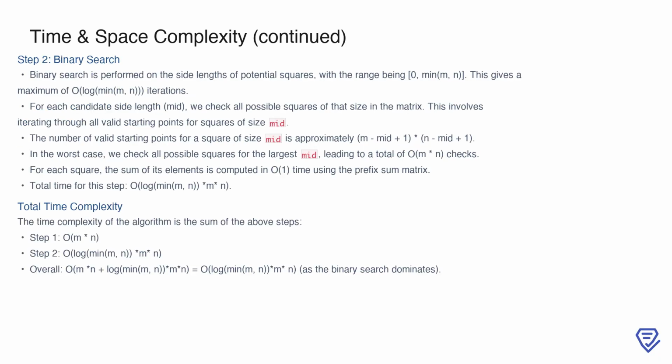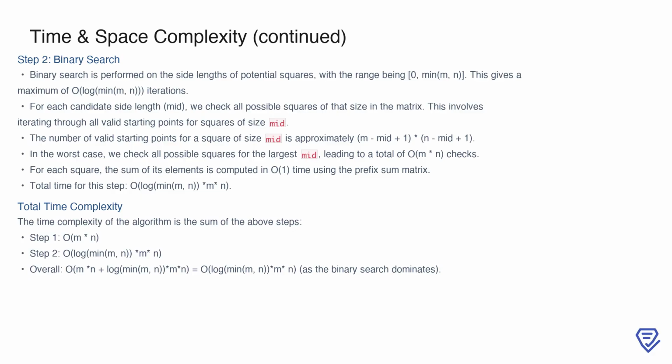Now, the second step of the algorithm involves binary search to determine the maximum side length of a square that meets the threshold condition. The binary search operates over possible side lengths, with the range being from 0 to min(m, n). This means we can have at most O(log(min(m, n))) iterations. For each side length mid, we need to verify all possible squares of that size within the matrix.